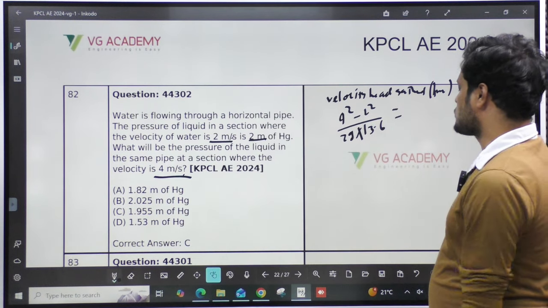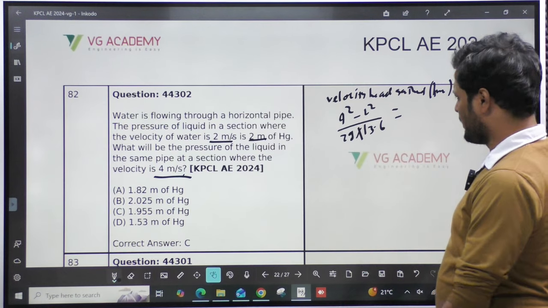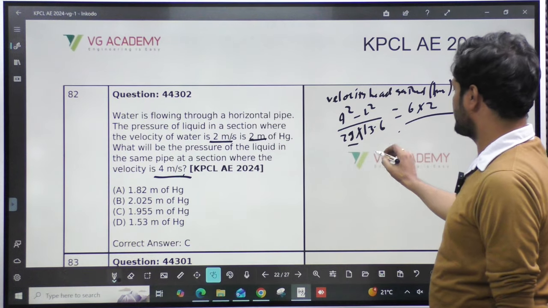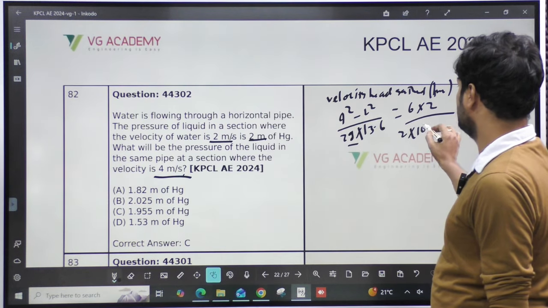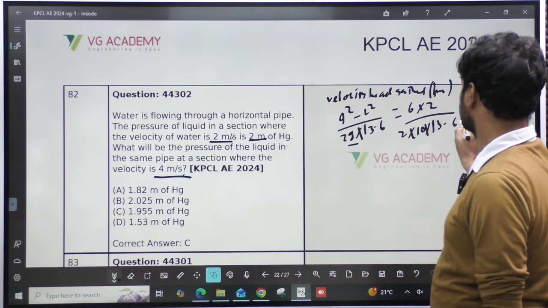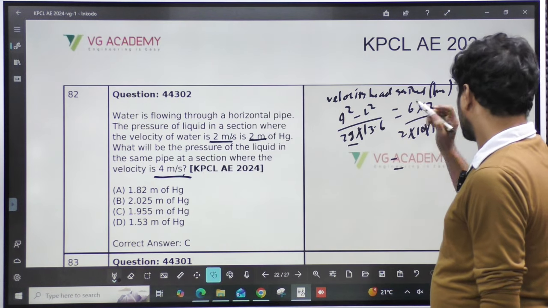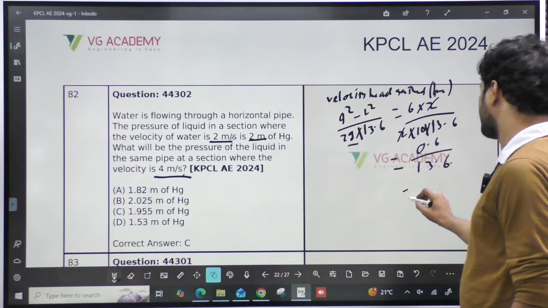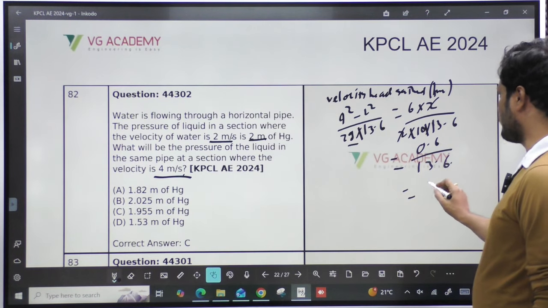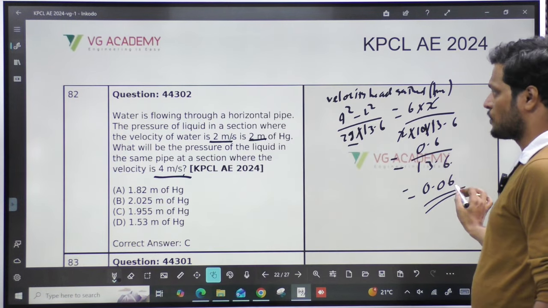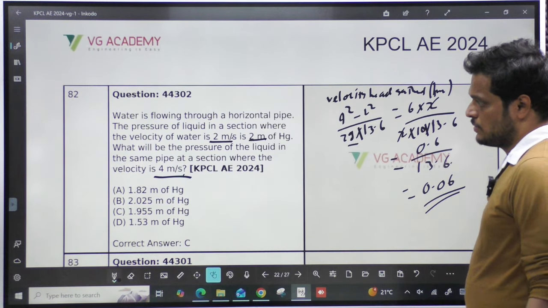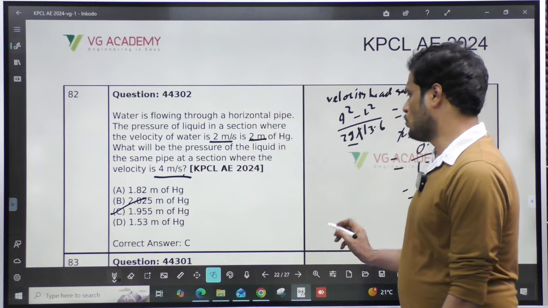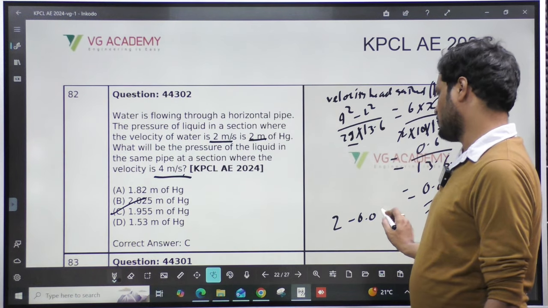So 4 square minus 2 square, a plus b into a minus b, 4 plus 2 into 4 minus 2, divided by approximately we will take 10 into 13.6. 2 cancel, 0.6 by 13.6. 0.6 by 10 if you take, it is 0.06, so less than 0.1. Possible option, option C. So 2 minus less than 0.1.